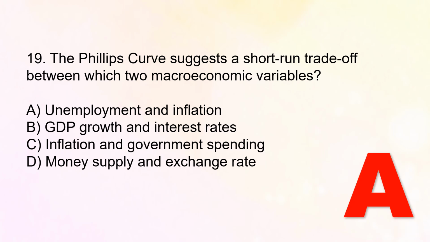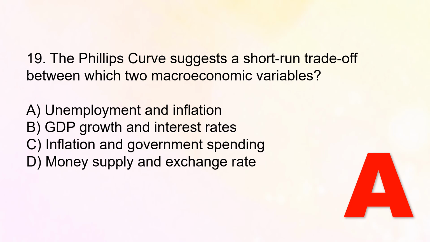The correct answer is letter A because the Phillips curve shows an inverse relationship between inflation and unemployment in the short run. Letter B is incorrect because GDP growth and interest rates are not directly related to the Phillips model.